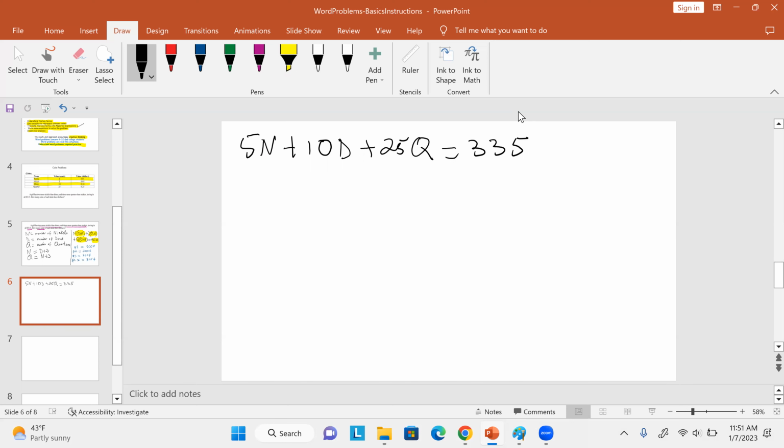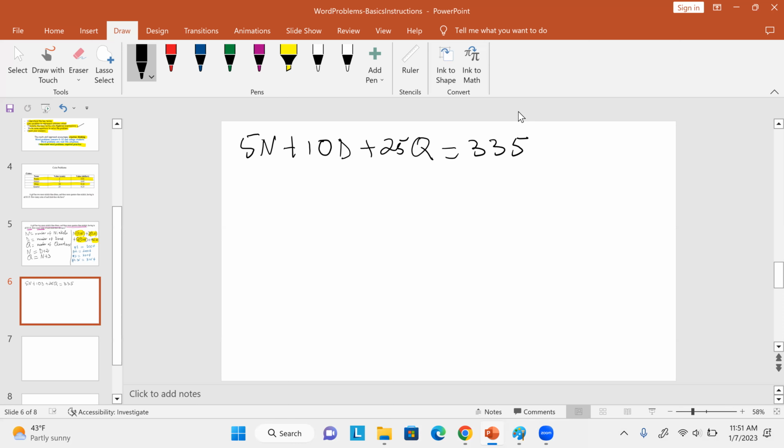That will not be easy to solve. But it's possible to rewrite this equation to have only a single variable. That single variable can be repeated in the equation, but it has to be a single variable, like n, or d, or q.